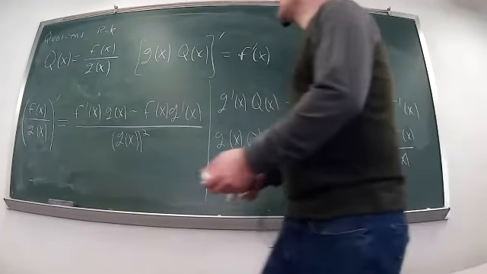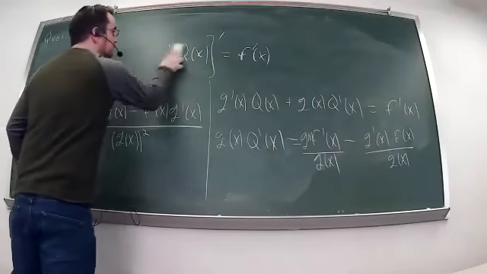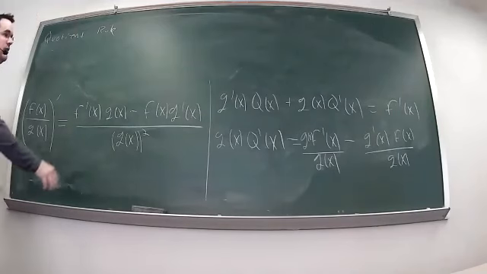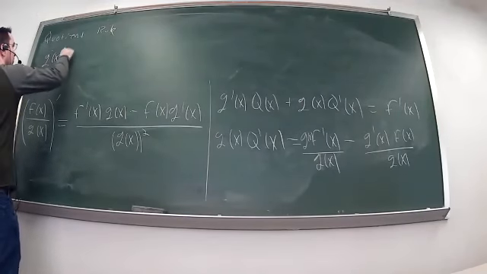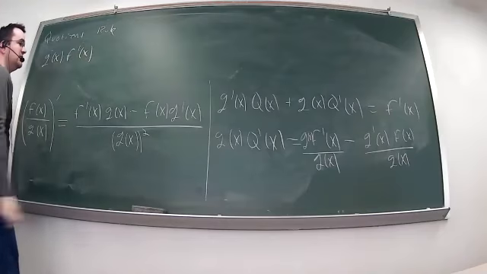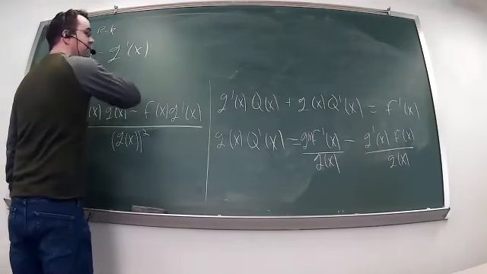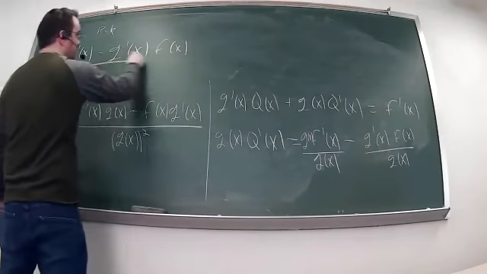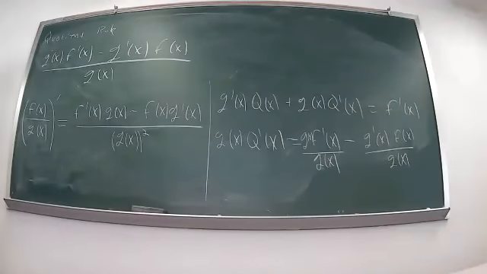So I'll just rewrite that right-hand side as g of x times f prime of x minus g prime of x times f of x, all over g of x, just using that common denominator g.